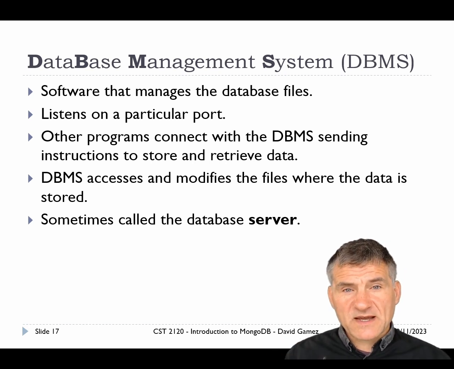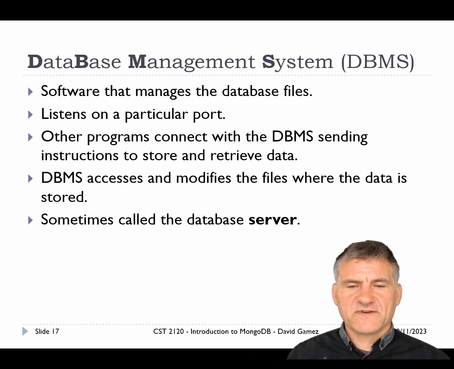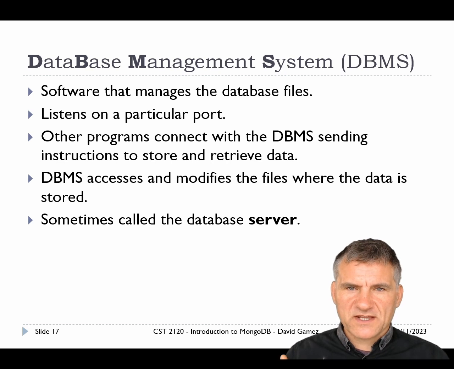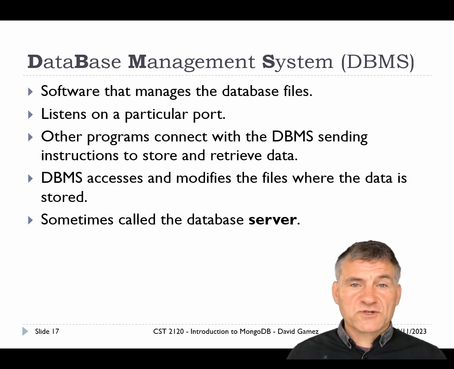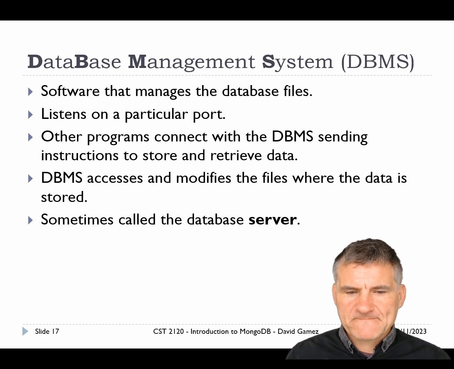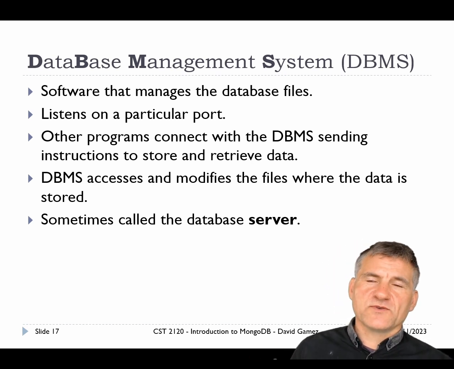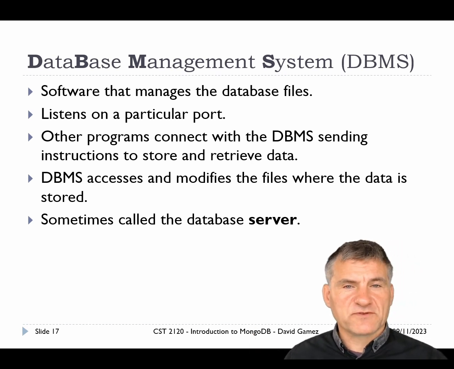It's the database management system that accesses and modifies the files where the data is stored, and it has various optimization strategies to retrieve and search the data as fast as possible. This database management system may be called the database server. When we come to Mongo, it's not called the Mongo database management system, it's just called the Mongo server.